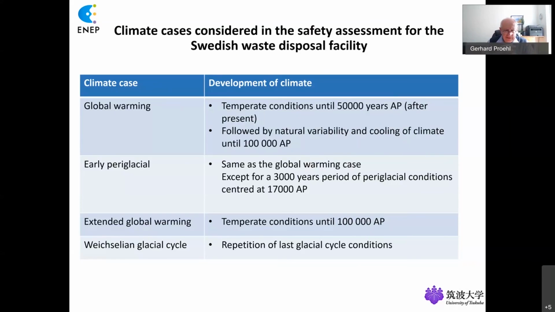And the last one is a Weichselian glacial cycle. It's a repetition of the glacial cycles as we have observed in the past. This is a simple extrapolation of the conditions in the past to the future. You may remember this curve where you have seen the temperature in the last 400,000 years. And the last one is a repetition of that.